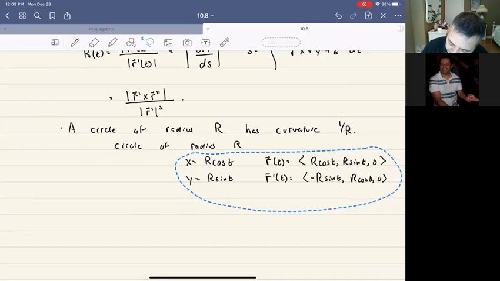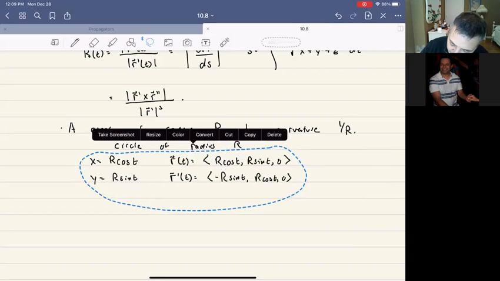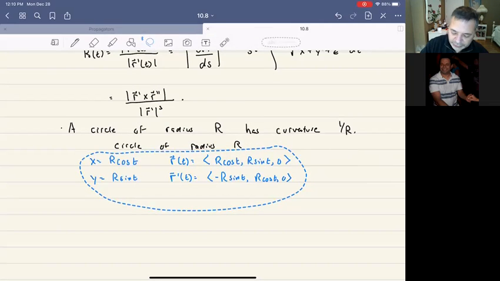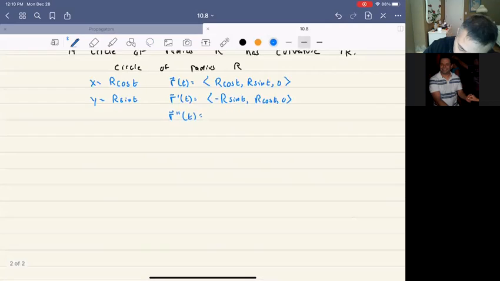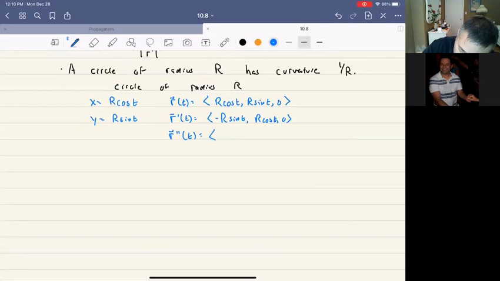Let's take r double prime. R double prime of t is then going to be negative r cosine t, negative r sine t, 0.